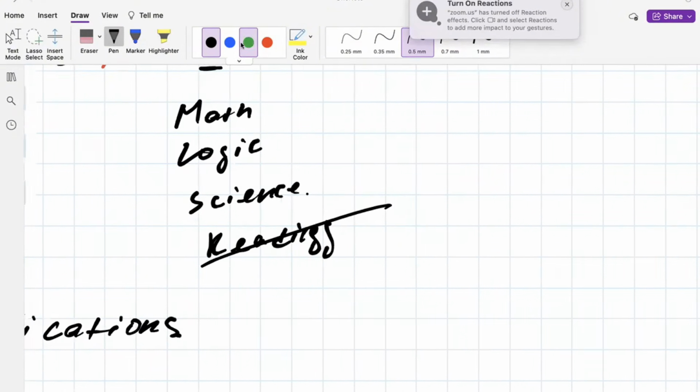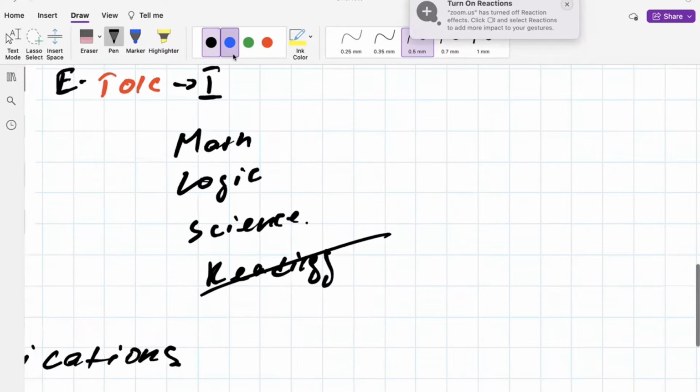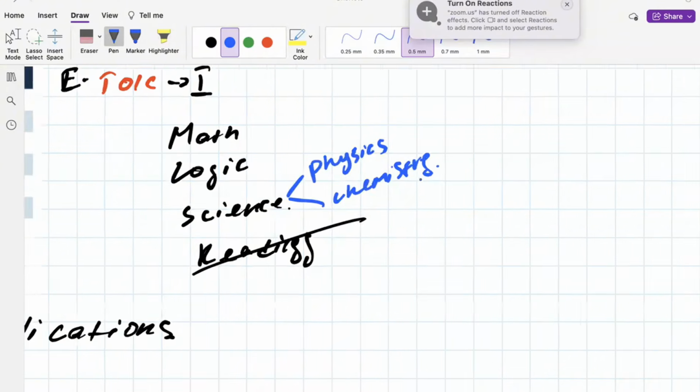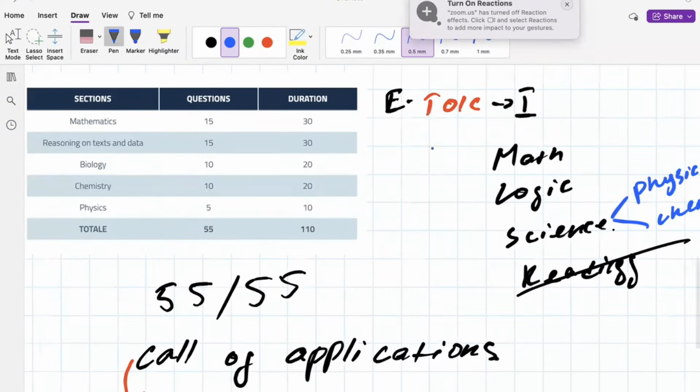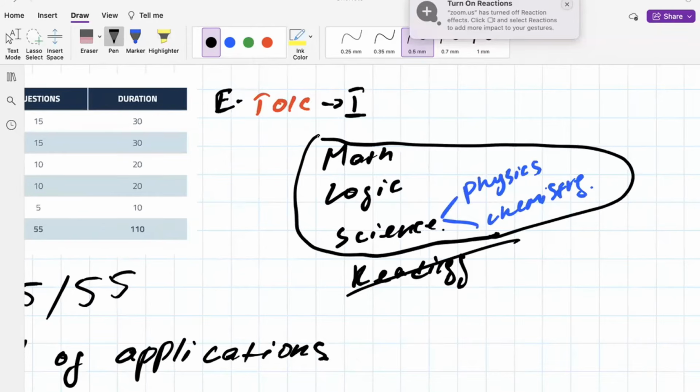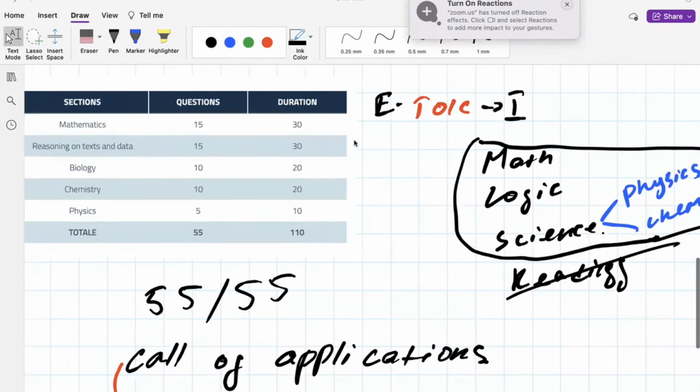And in the science section in TOLC-I, it was a mix of questions, like chemistry and physics. Most probably, because this is just a replacement of the TOLC-I, they're going to consider those sections as they considered before.